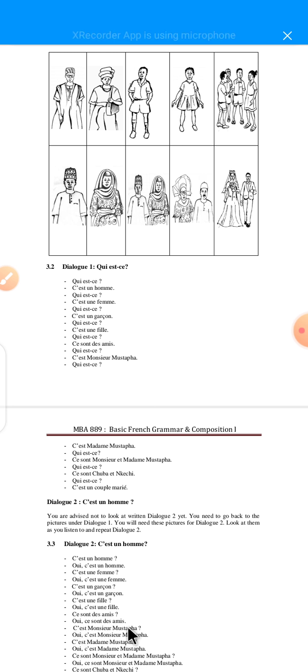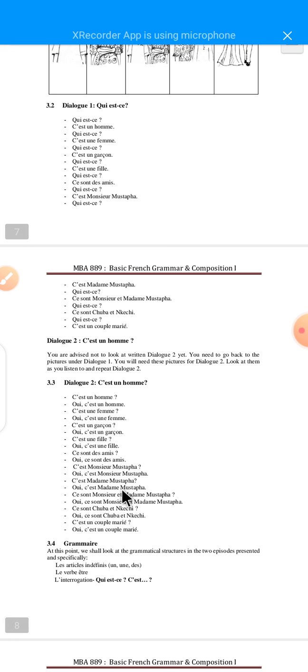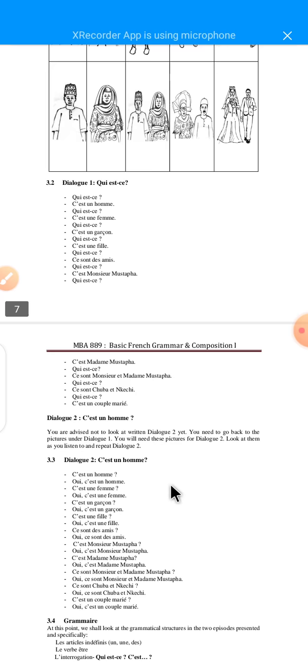C'est Monsieur Mustafa. Is it Monsieur Mustafa? Oui, c'est Monsieur Mustafa. Yes, it is Mr. Mustafa. C'est Madame Mustafa. Is it Mrs. Mustafa? Oui, c'est Madame Mustafa. Yes, it is Mrs. Mustafa. Ce sont Monsieur et Madame Mustafa.